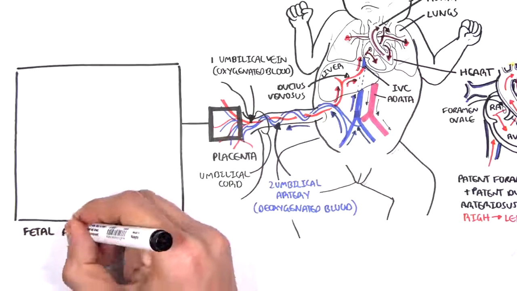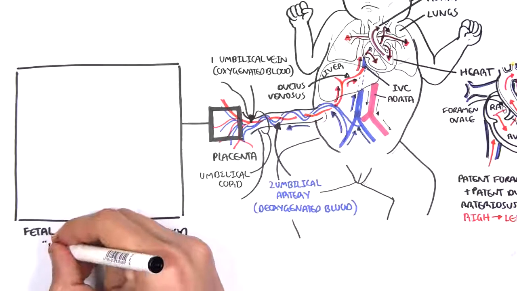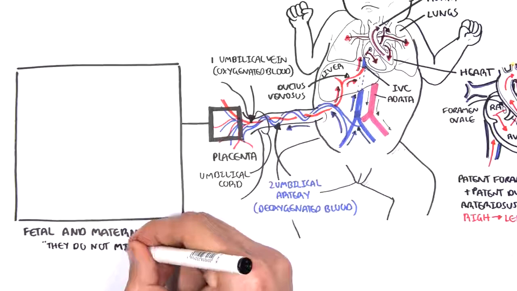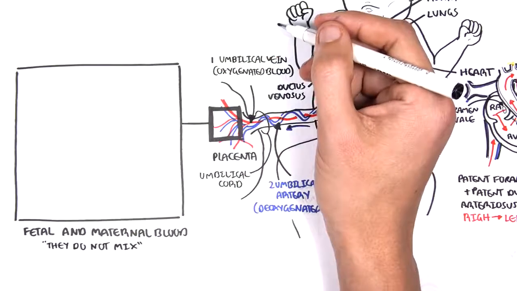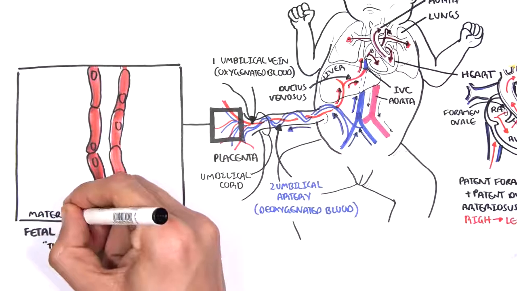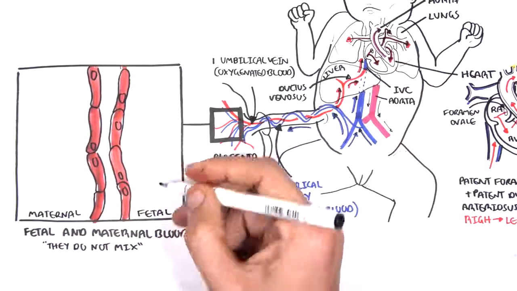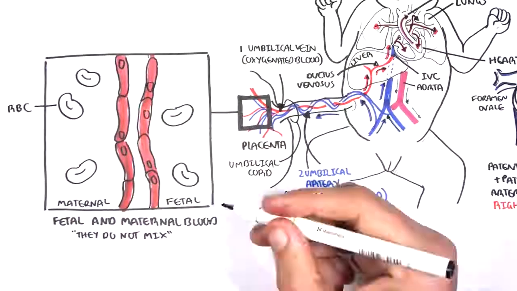So here we are looking at where the fetal and maternal blood meet. It is really important to understand that fetal and maternal blood do not actually mix. Okay, so here on the left you have the maternal circulation, and on the right you have the fetal circulation. These things here are red blood cells, the cells that actually carry your oxygen.